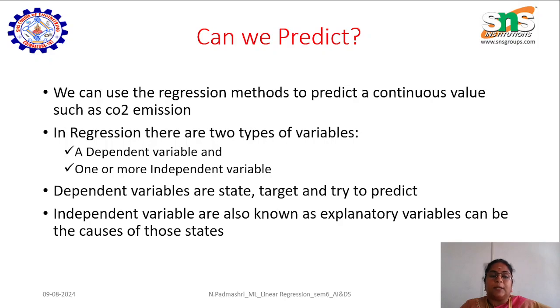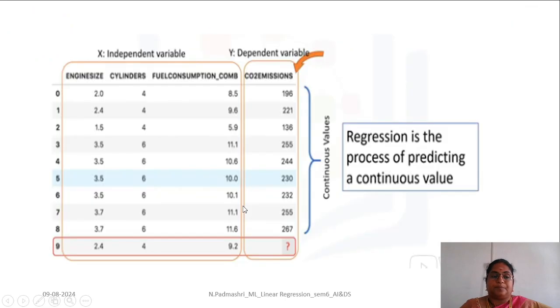That is going to be the dependent variable, and we can denote the dependent variable as y. Independent variables are also known as explanatory variables, and they can be the causes of those states which are represented in the dependent variable.